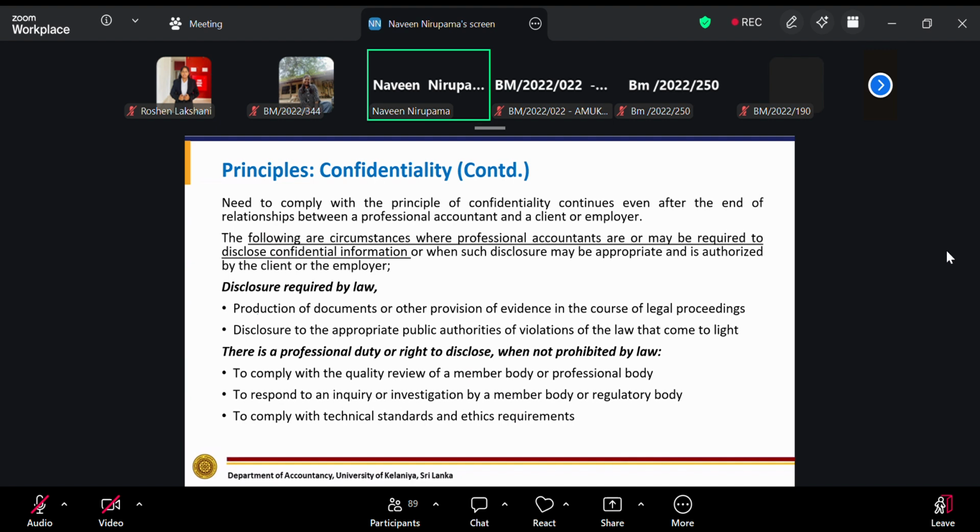In these situations, disclosures are required.